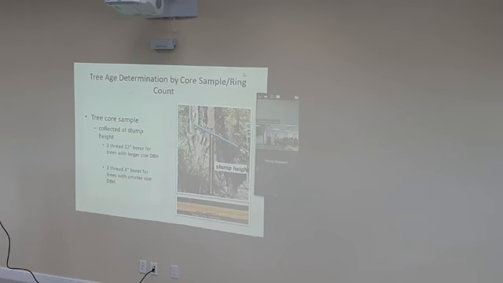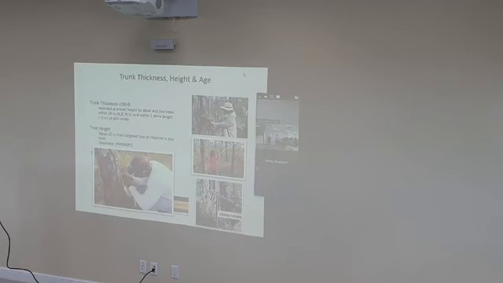Tree age was estimated using core samples and ring count. Core samples were taken at stump height, and we used 2 different threaded cores depending on the size of the tree. Trunk thickness and height were also measured employing the clinometer and DBH methods.